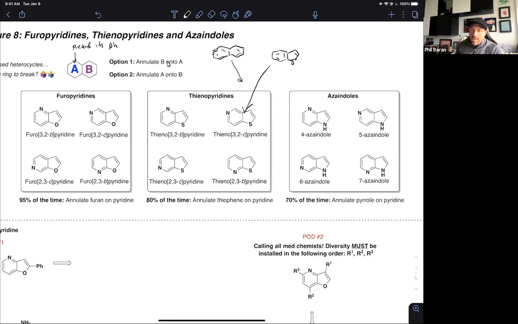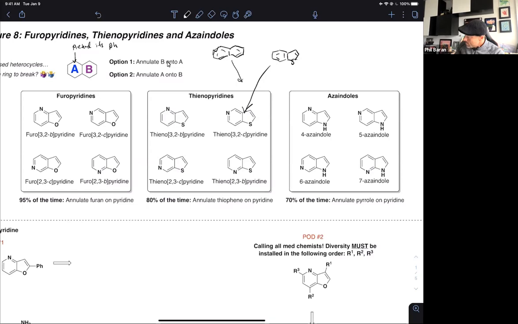Now, we haven't learned quinolines yet, so in some cases today you're going to see a sneak preview of what we talk about next week. But that's conceptually what you're going to do every time you think about which one to annulate. And you already know the answers to many of the problems we're going to be going through today. So hopefully we can breeze through a lot of these problems of the day and case studies in a rapid fashion.